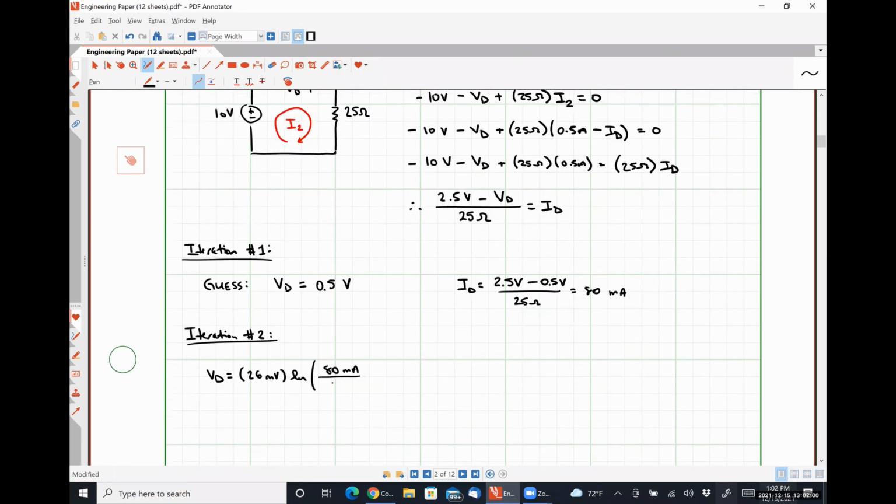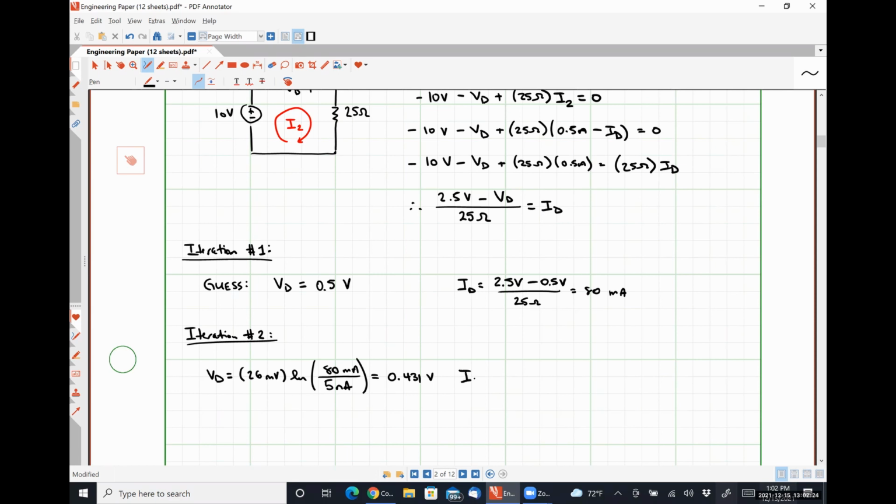So circling back around, 80 milliamps divided by 5 nanoamps. And that's going to give us a value of 0.431 volts. So we had a change in voltage of around 70-ish millivolts. So that's a pretty big change.